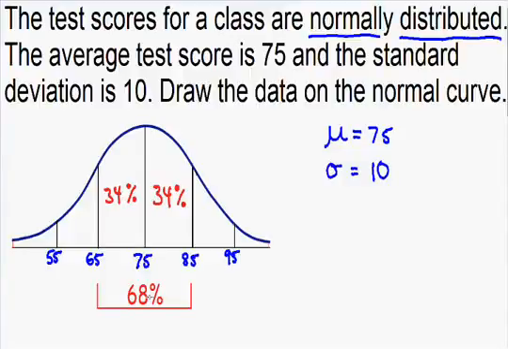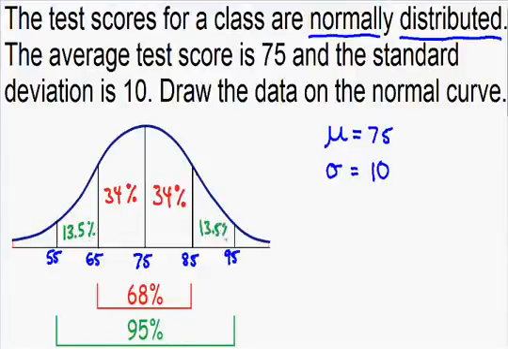We also know from the empirical rule that 95% of the data falls within 2 standard deviations. So we know that this area underneath the first standard deviation and the second standard deviation must equal 13.5%.